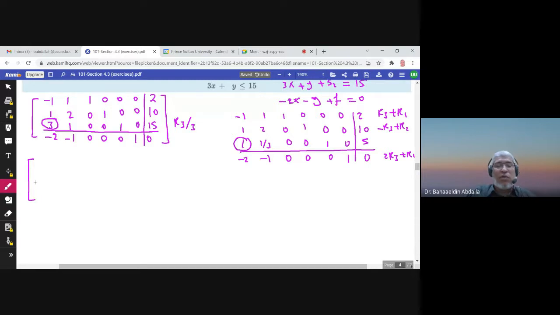The third row is as it is. And wherever there is a 0, there is a 0 here. So I will write everything above and below without change. So there is a 0 here. And there is a 0 here.